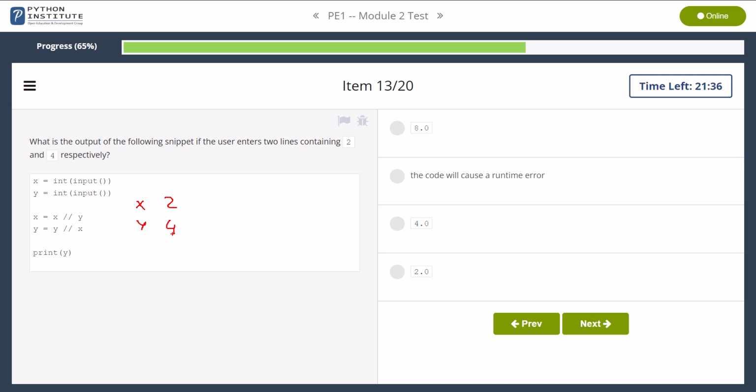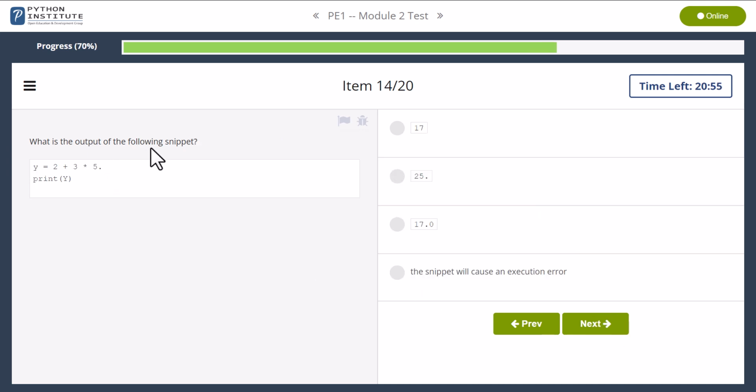So 2 divided by 4 in integer will be 0. Okay. And then the next operation is y divided by x. So 4 divided by 0. You cannot do that. You cannot divide by 0. This will cause an error. So the right answer should be the code will cause a runtime error.